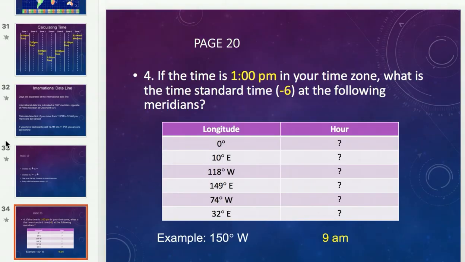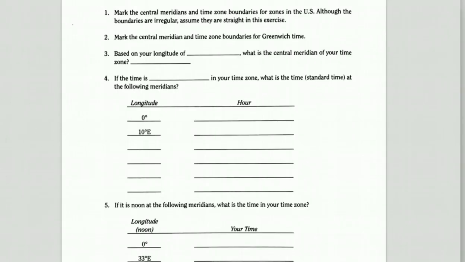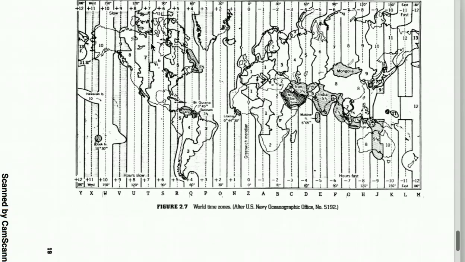Right here. Alright. So we have to find 74 degrees west. Actually, I want to find one. Let's do 149 degrees. No. 118. Let's do 118 degrees west, because I just want to show you what it's like going backwards.